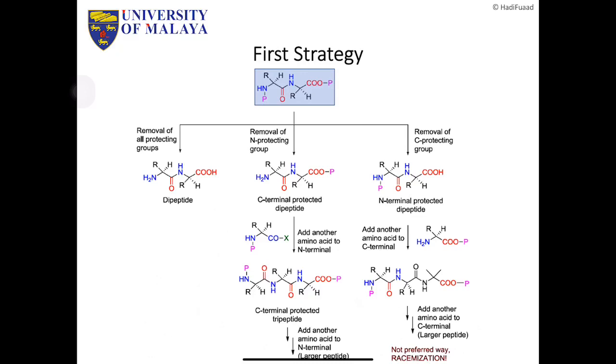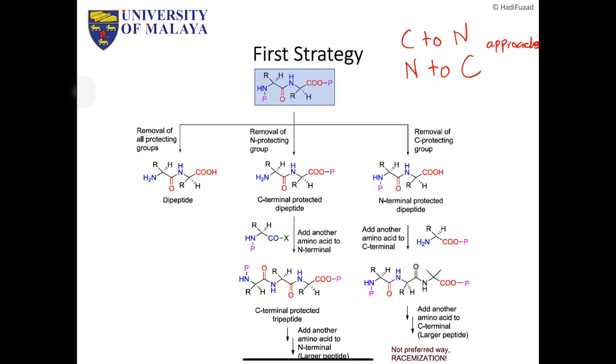However, in terms of the strategy, there are a few things that you can actually do to make it variable. Okay, so this is what I like to call the C to N, or N to C approach.